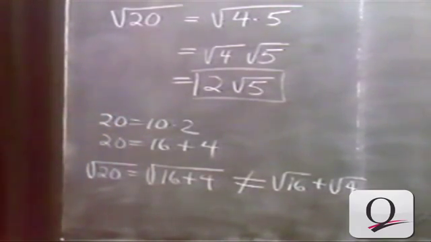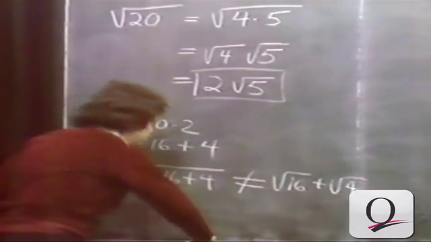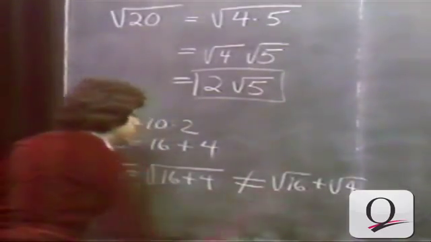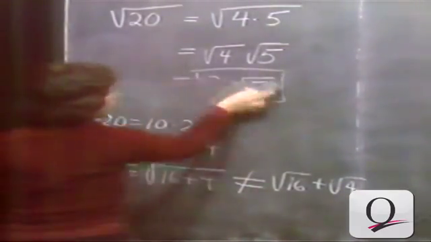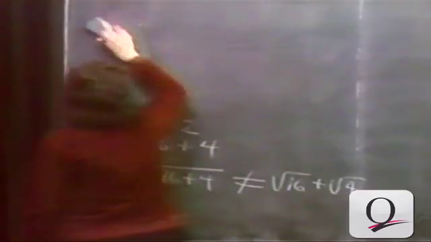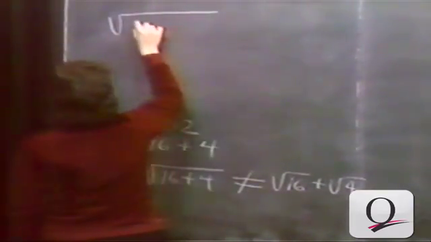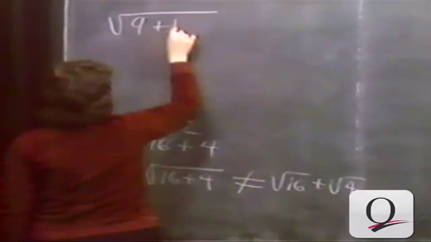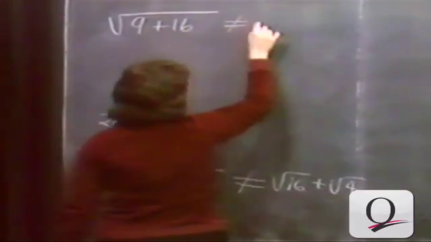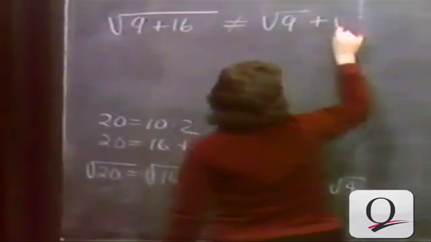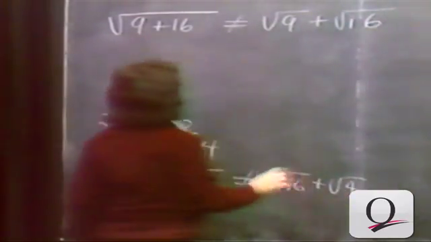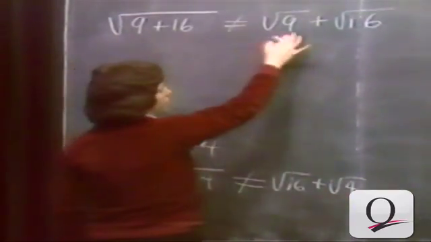If you want another example to bring home the fact that this rule does not work for addition, let me show you the square root of 9 plus 16. This is not equal to the square root of 9 plus the square root of 16. On the one hand, the square root of 9 is 3.